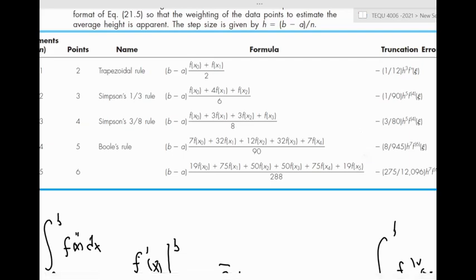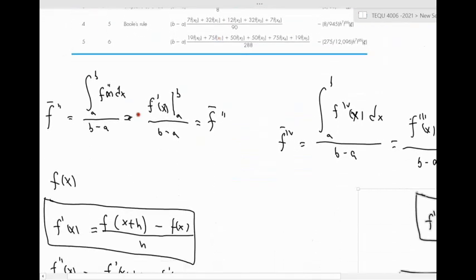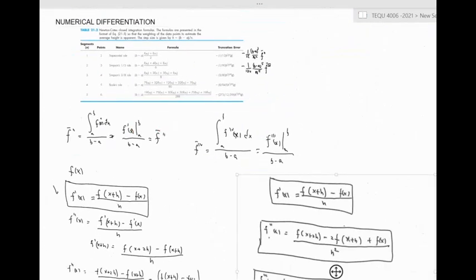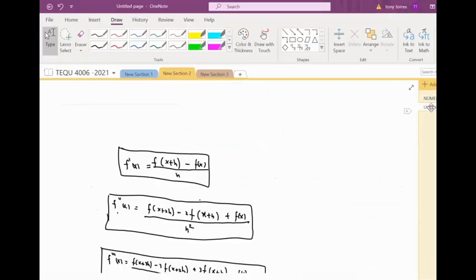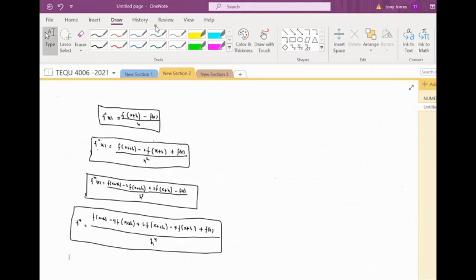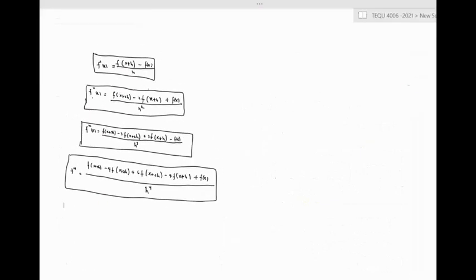How about now if we test the whole thing with something straightforward that we can all agree on, to see whether this derivative makes sense. Let's go to the next page here. How about a very simple one?